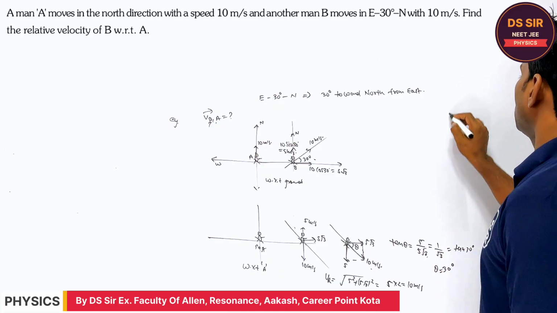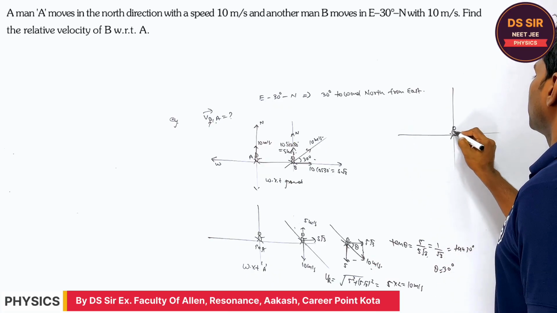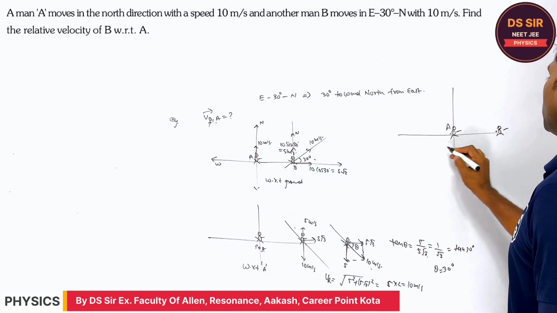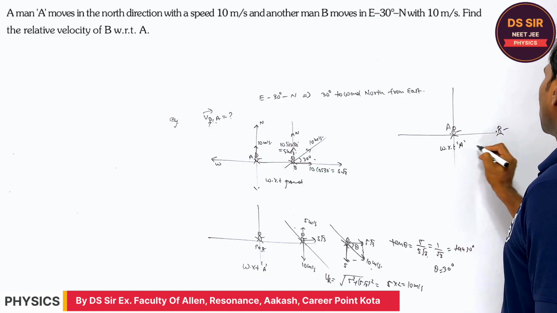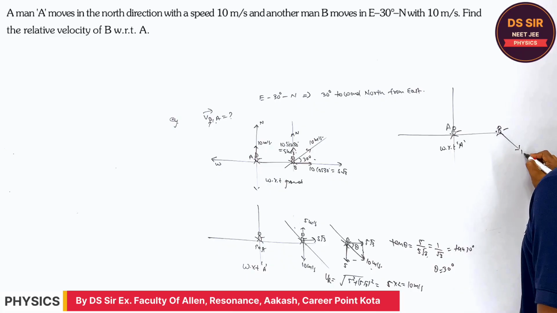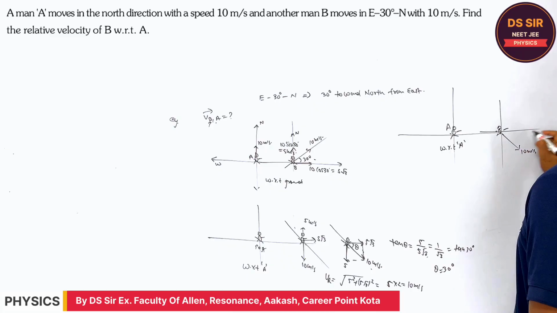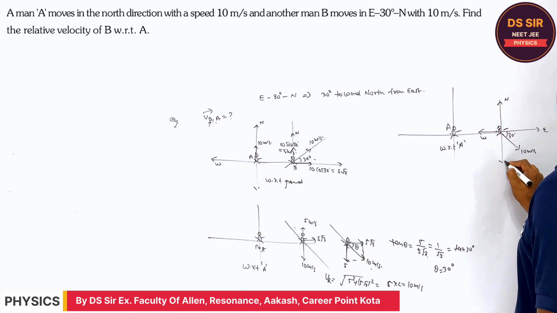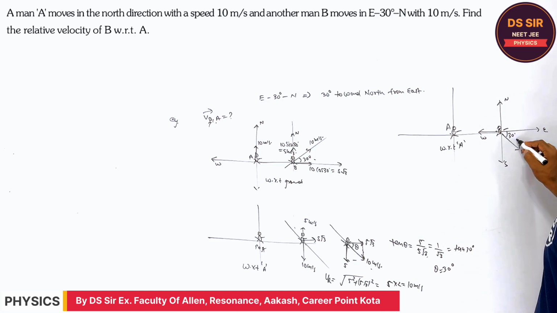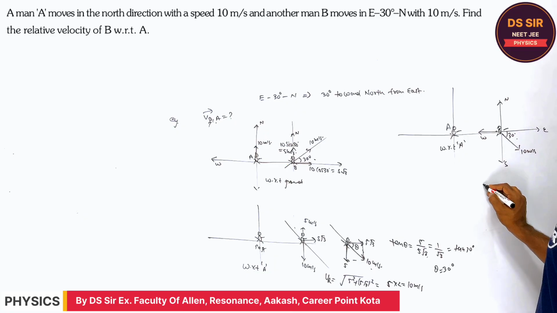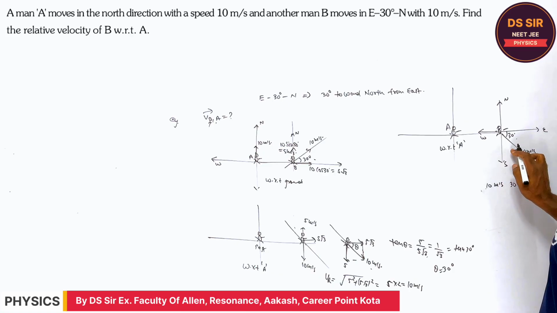All right. So with respect to A, this is the A, this is the person B. With respect to A, the person is moving like this, 10 meter per second. Now what is this angle? 30 degree. It is east, west, north, south. What would you say? 30 degree, right? 10 meter per second, 30 degree towards south from east.